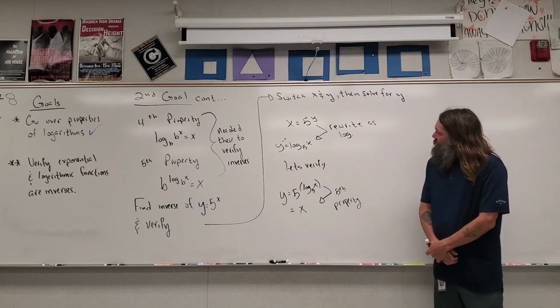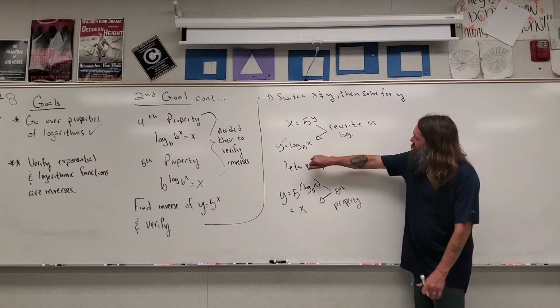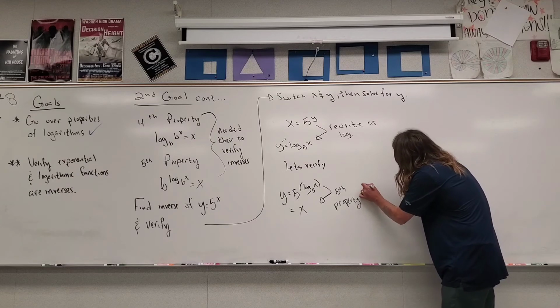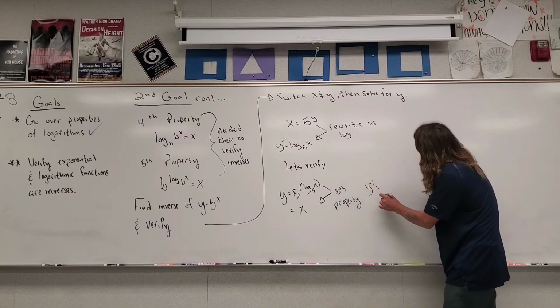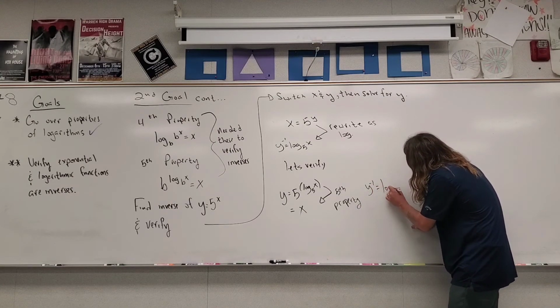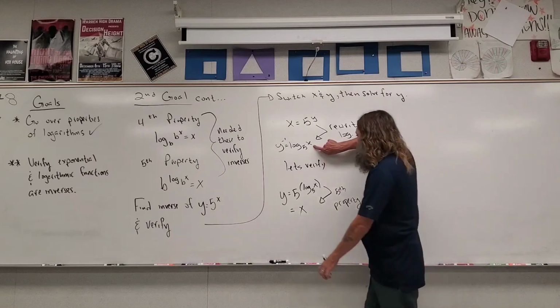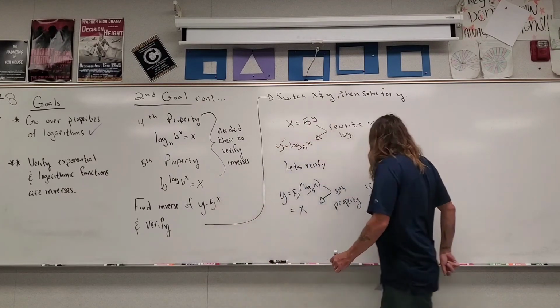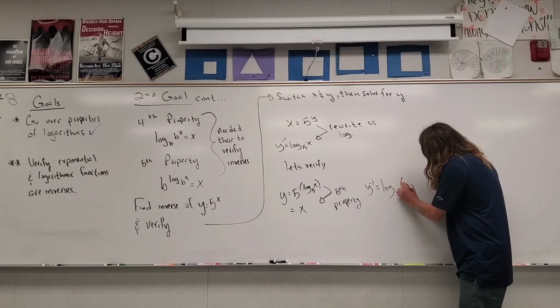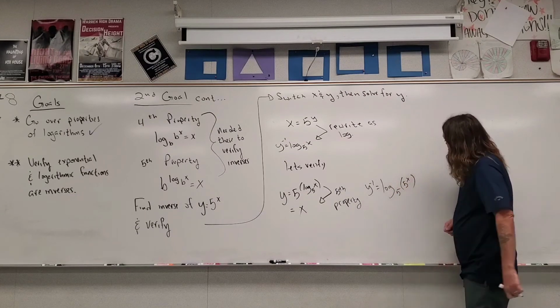Okay, let's switch the order and start off with the inverse. And we have y inverse equal to log base 5, and instead of x, I'm going to put 5 to the power x. But guess what I have now?